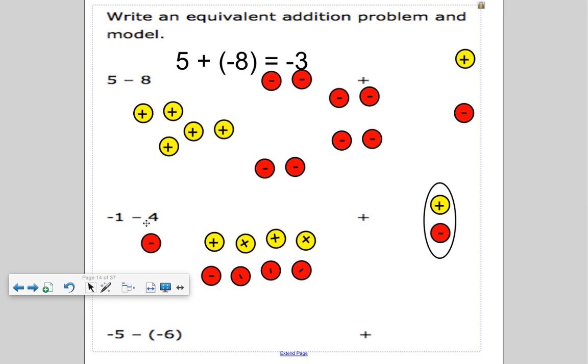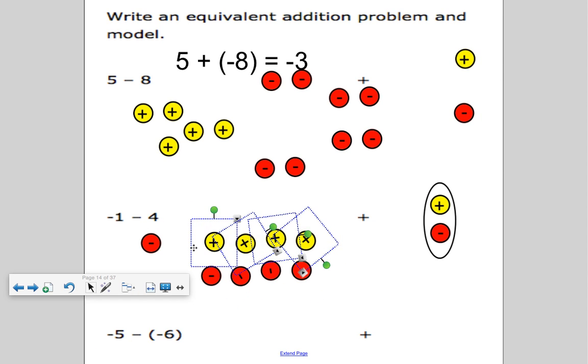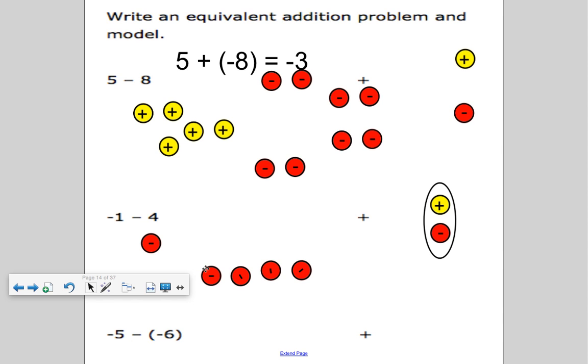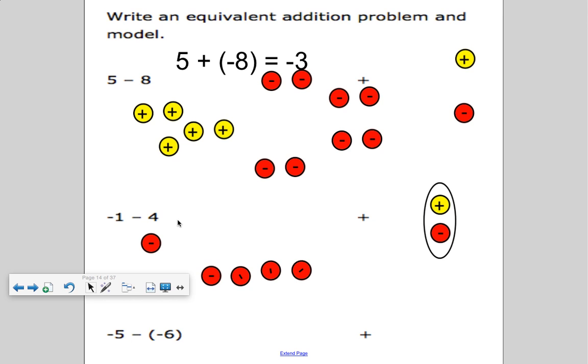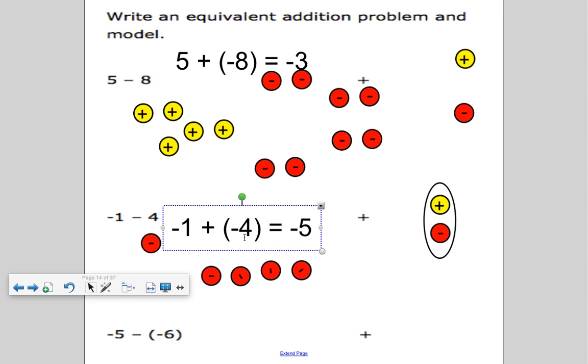Now, can I take away the 4 positives? Yes, I can. Delete. So what am I left with? I started with -1. Did you see how I added extra negatives? I added how many negatives? 4 negatives. So, adding the opposite. I kept the -1. I turned the subtraction to an adding. And what's the opposite of 4? -4. So the answer is -5.